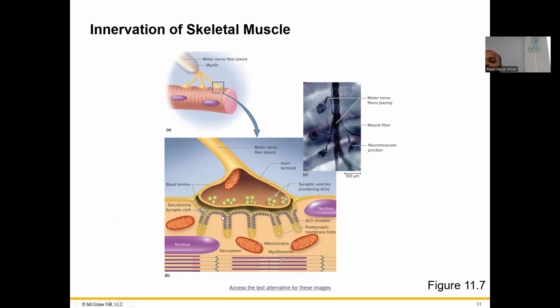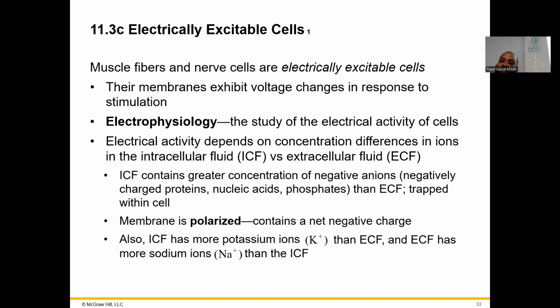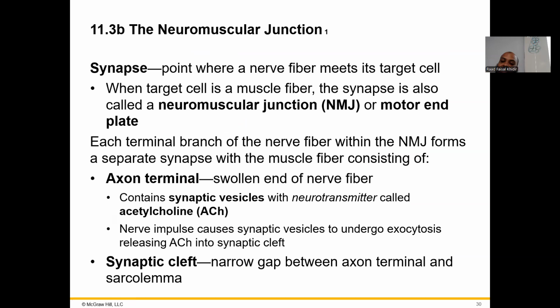We're talking about the receptor on the muscle, the receptor on the sarcolemma. If this receptor is no longer there, what is that called? Yes. It's called myasthenia gravis. Okay.